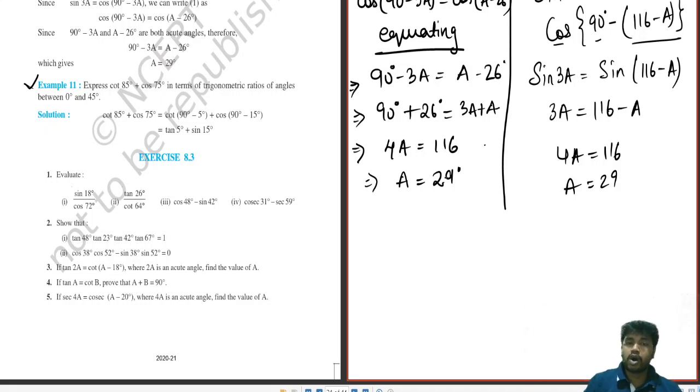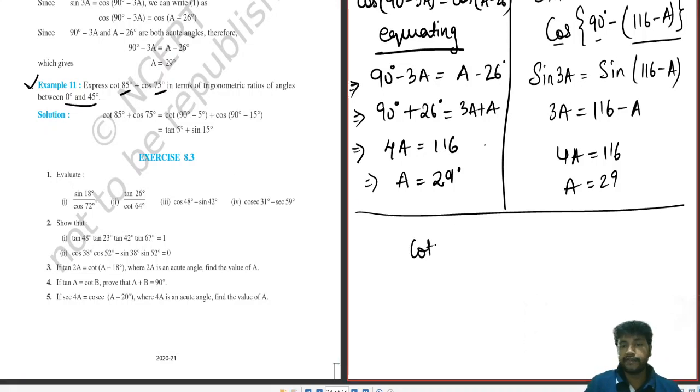Okay. So how will we look at the sum? What is the sum asking us? It is basically asking to convert these 85 degree and 75 degree into the range between 0 and 45 degree. So cot 85 degree is cot(90 minus 5 degree), and that is ultimately tan 5 degree.